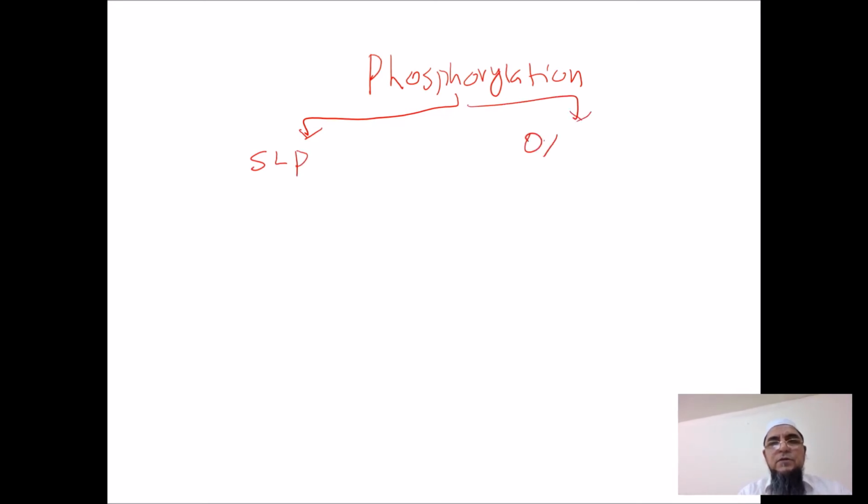We discussed in the previous session the process of phosphorylation, and we said that phosphorylation is of two types. One is substrate level phosphorylation, another is oxidative phosphorylation.